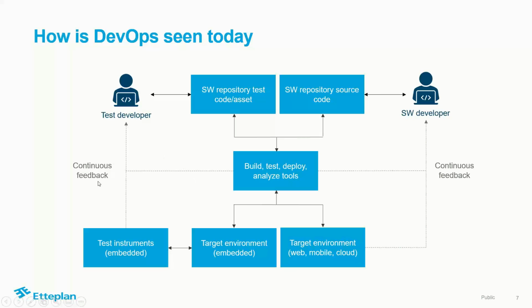And then all in all, it's about this continuous feedback. So getting the build results, the test results, perhaps something about the deployment and its results, and then the actual metrics on processes. So there is this continuous feedback loop every day and every time present for our software developers and test developers.